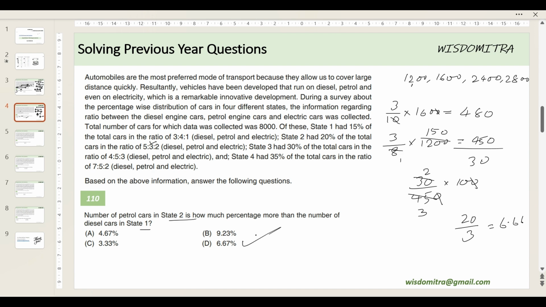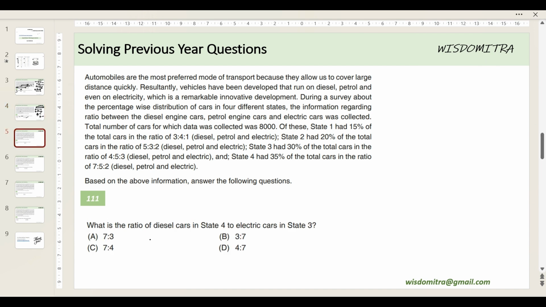So this is the answer, 6.66%, right? So I hope you got it clearly that you need to remember this. This is good. And then quickly multiply things and identify the numbers. Let us go next. 1200, 1600, 2400, 2800.